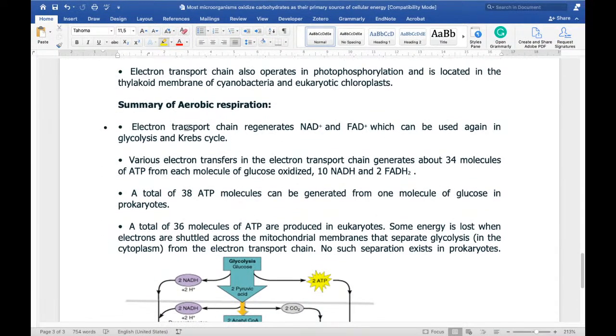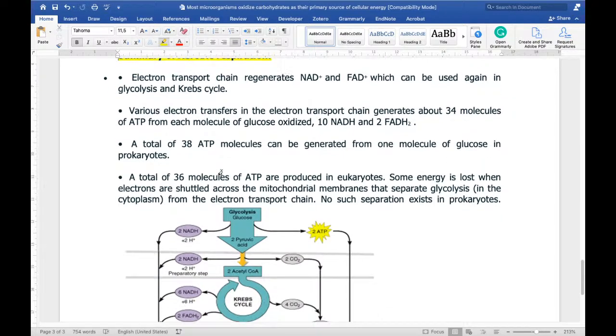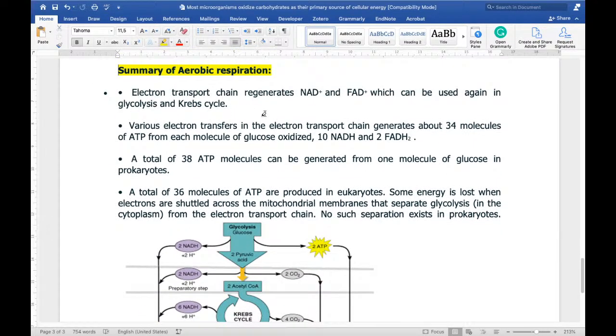Now the summary of the aerobic respiration that we have just discussed. The electron transport chain regenerates NAD plus and FAD, which can be used again and again in glycolysis and the Krebs cycle. The electron transport chain generates around 34 molecules of ATP for each molecule of glucose oxidized, producing 10 NADH and 2 FADH2.